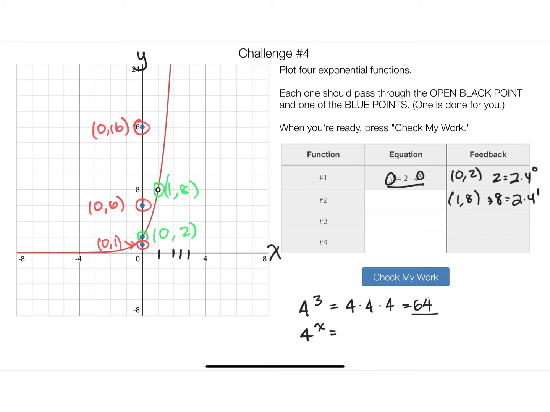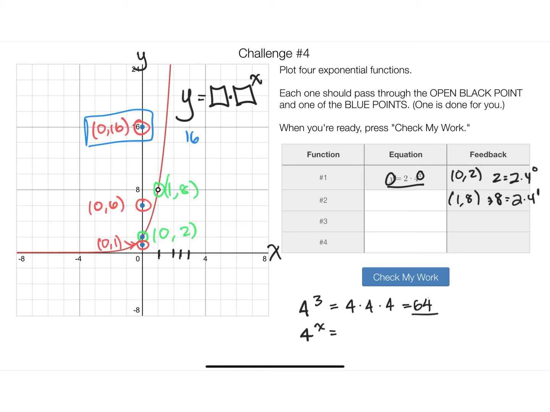Your function here is going to look like y equals some number times some number to the x. And for all of these, because they all go through the point (0, 1), we're going to start by thinking about these red functions first. Let's focus on this one right now, (0, 16).